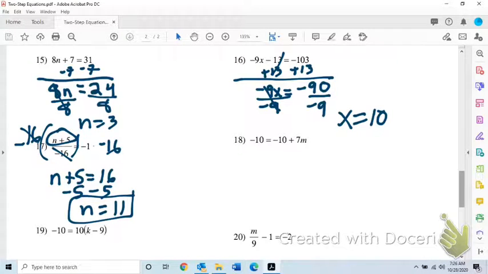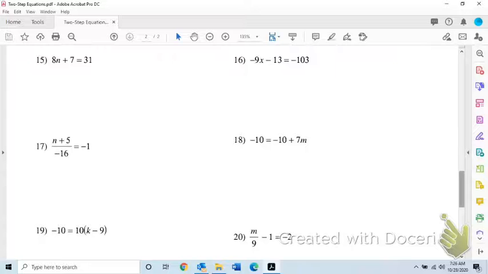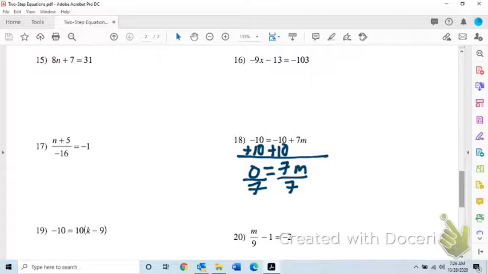Number 18. Working far away to close by. 0 equals 0 plus 7m. I don't know why I put the plus there. It's really not necessary. We're going to divide both sides by 7. 0 divided by 7 is 0.